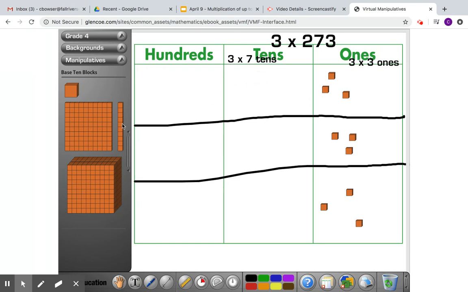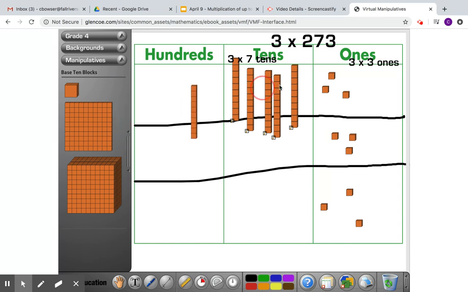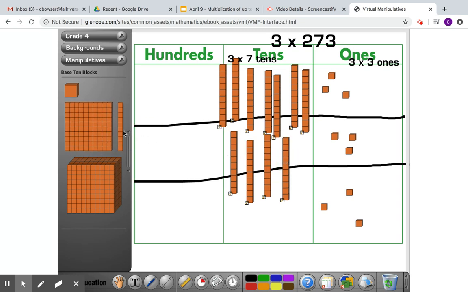So I'm going to put 7 tens in each group. 1, 2, 3, 4, 5, 6, 7. And then I'm going to do that again. I wish I could go faster. 1, 2, 3, 4, 5, 6, then 7.